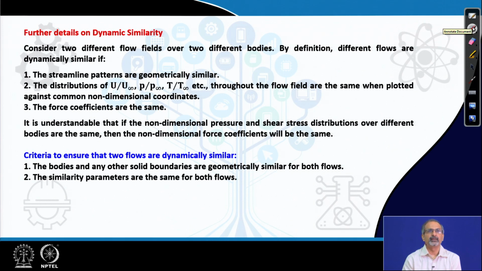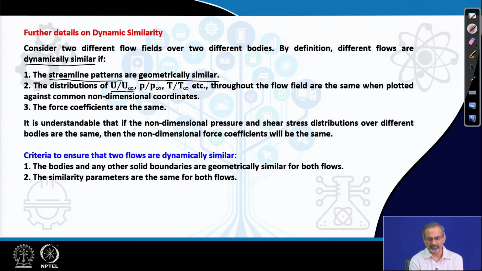Let us discuss a little bit more on dynamic similarity. So, we consider two different flow fields over two different bodies, and if they are dynamically similar, a very important aspect would be that the streamline patterns would be geometrically similar.